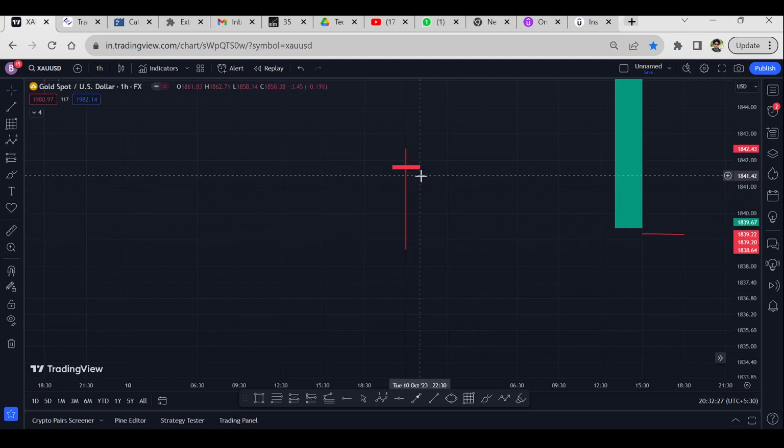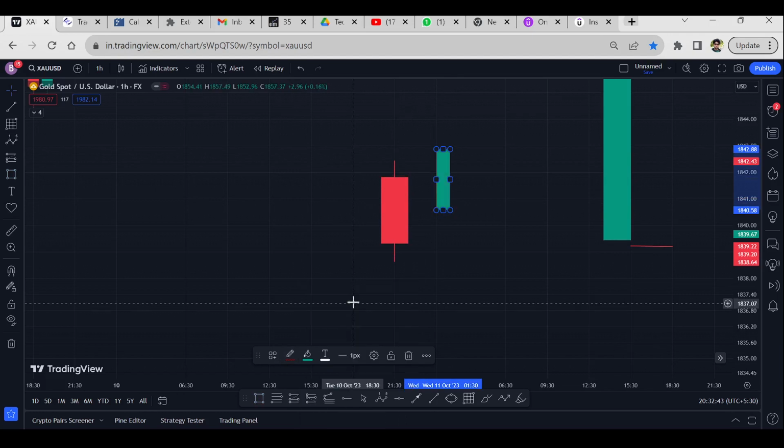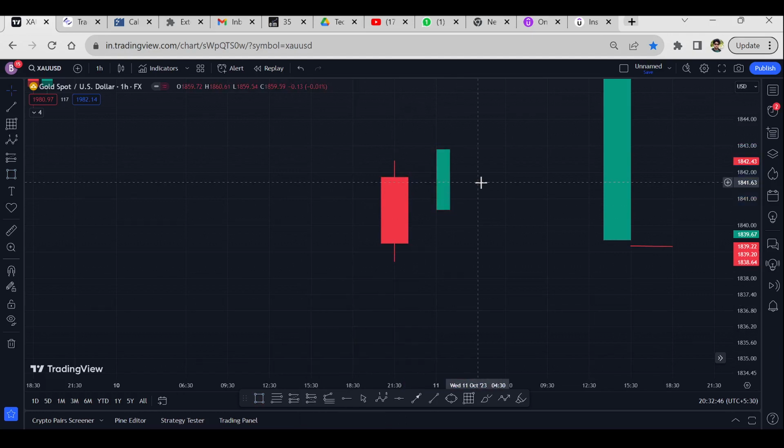So engulfing: we have said there is a candle like this. To make it a bullish engulfing, it might happen with one candle or two candles, it doesn't matter. With two candles also it can make the movement like this.